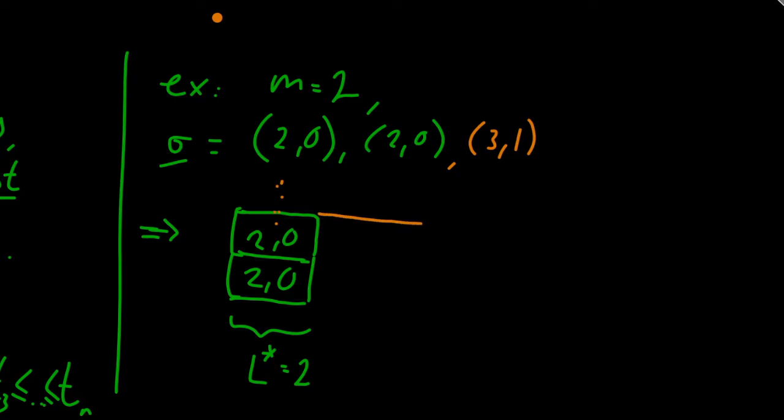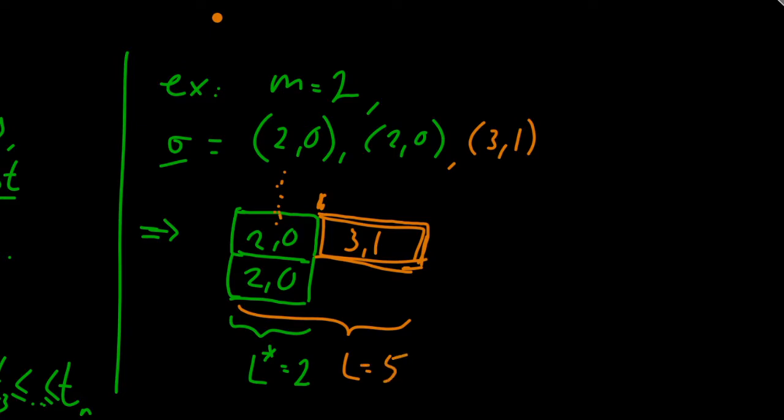So I'm only able to put this job there beginning at time point 2. This is when the job arrived, but this is when I can schedule it, and in that case this scheduling would have a makespan of 5. 2 plus 3 is 5.